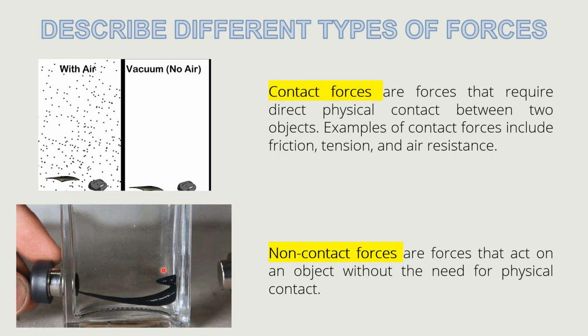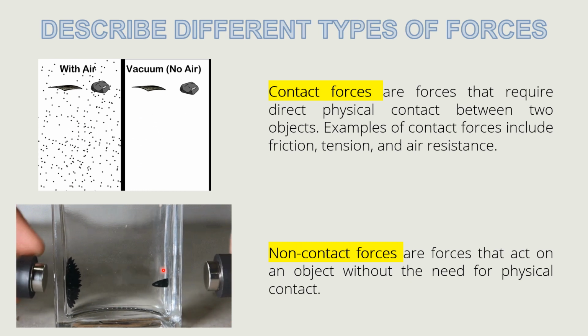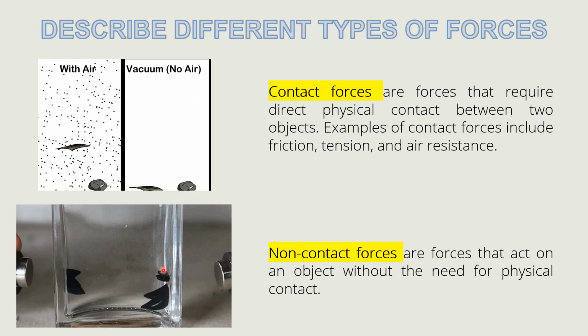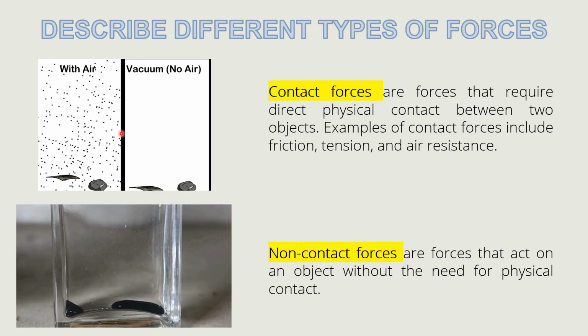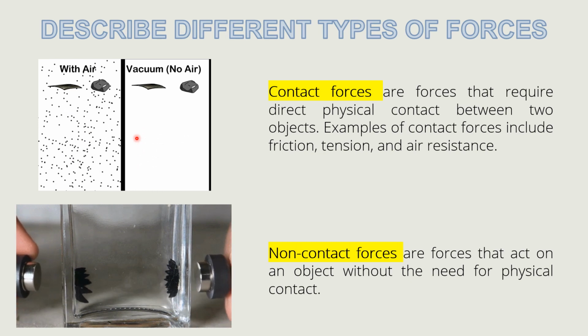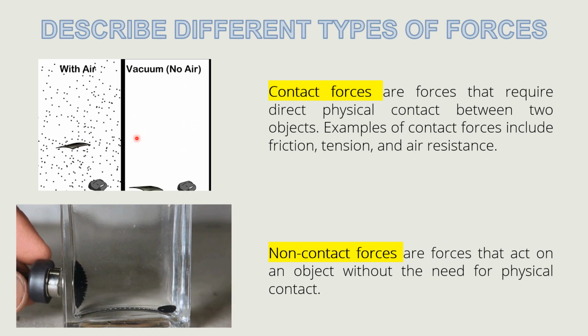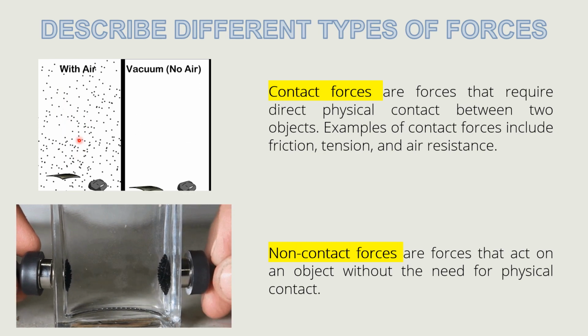So basically, the main point here is that you understand that regarding types of forces, you have contact and non-contact forces. Like we had here, contact forces are forces that need to have some kind of direct physical contact between two objects, like we had here between air and paper and rock.